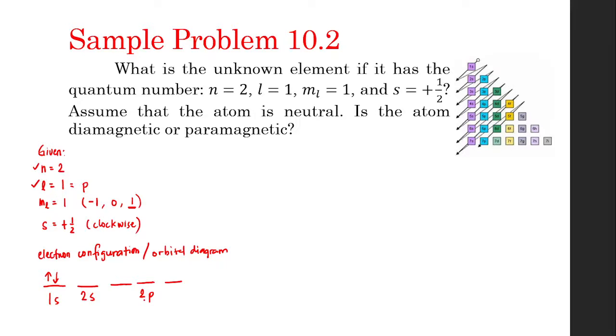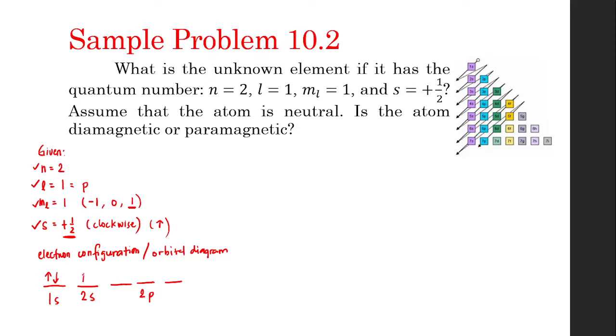We have our principal quantum number 2, our angular momentum quantum number 1, which means it should be at p, and then our last electron should be at 1. It means our last electron should be here. And we note that the spin of our last electron should be clockwise, which means it should go up, right?